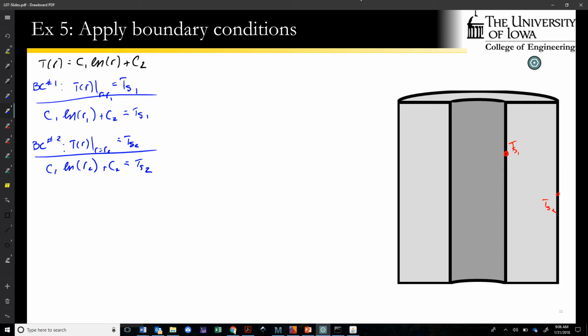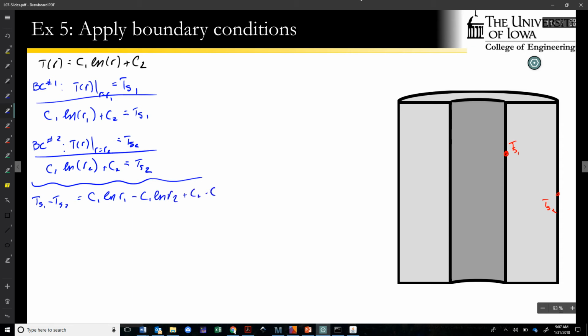So let's say if we were to say TS1 minus TS2, right? This works out to C1 ln R1 minus C1 ln of R2 plus C2 minus C2. So these guys cancel out. And we end up with C1 is equal to TS1 minus TS2 over ln of R1 minus ln of R2.